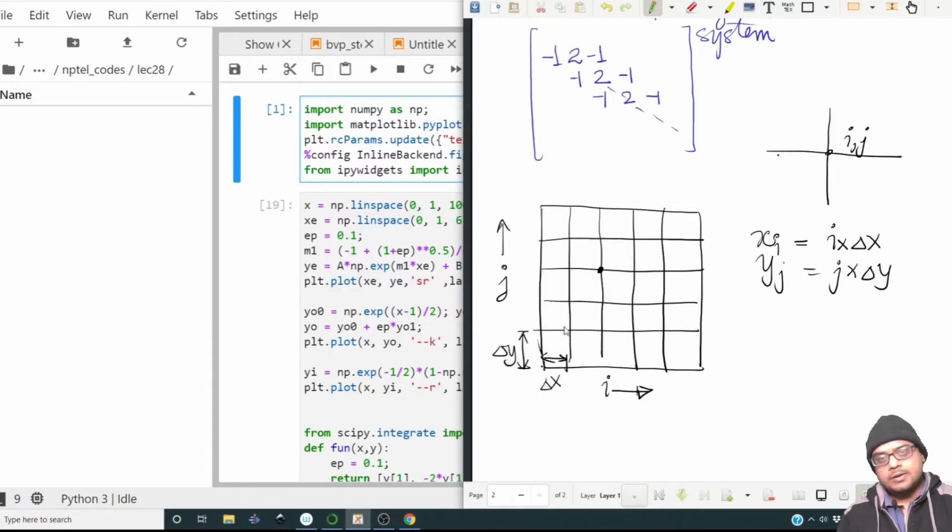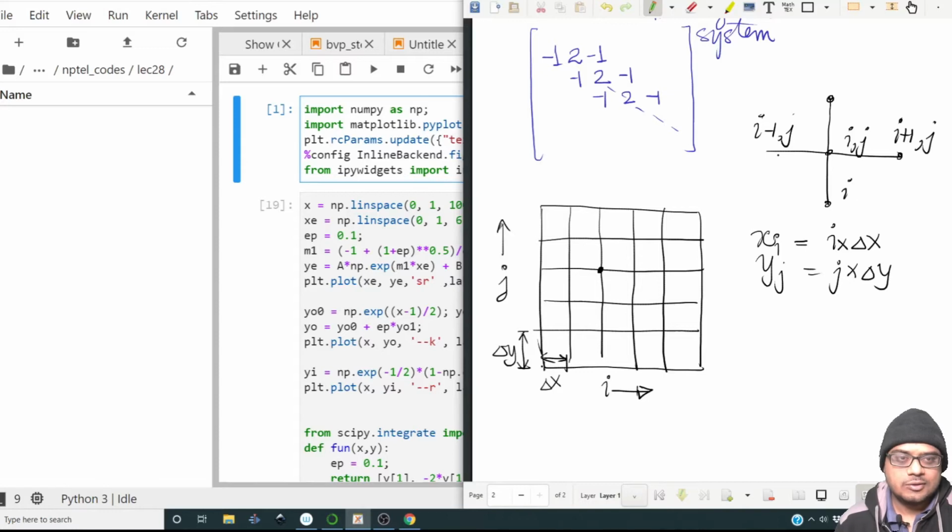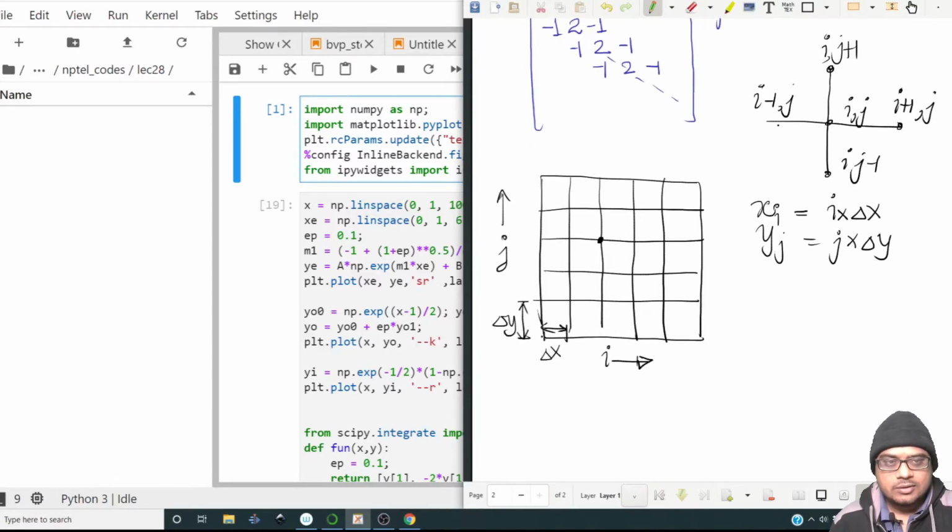Now if this is ij, this will be i plus 1 j, this will be i minus 1 j, this will be i j minus 1, and this will be i j plus 1. So that's how the grid points are. Let us write down the Laplacian in the discrete form.